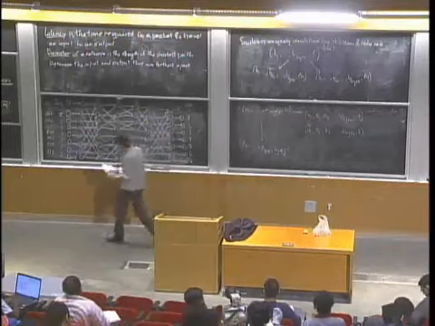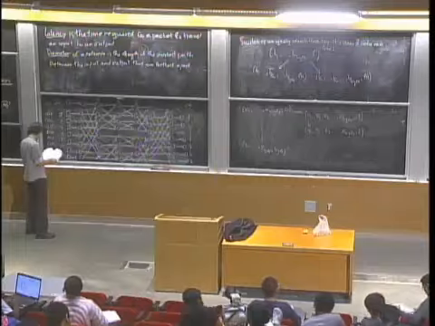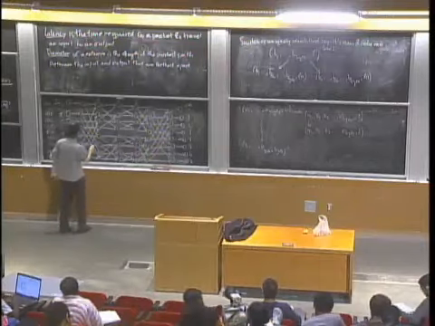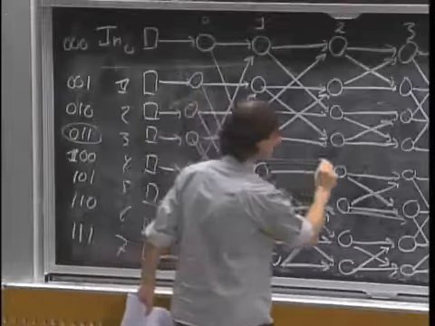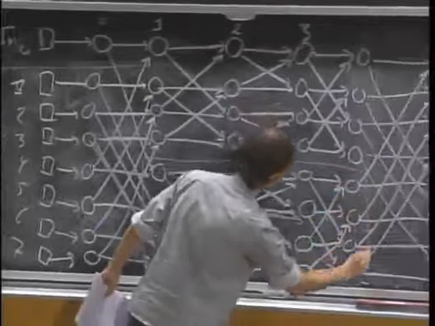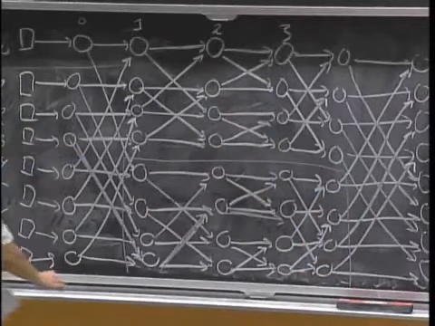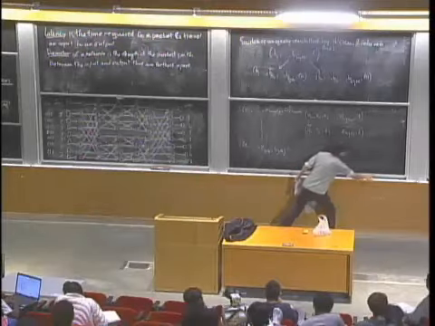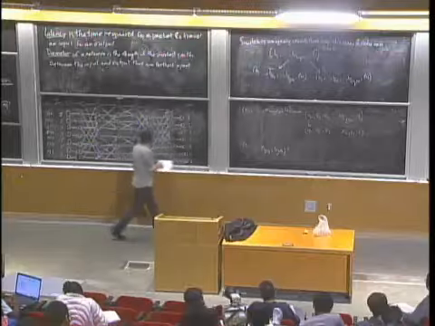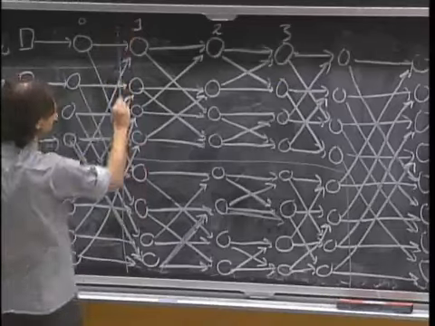Let me check how I want to do this. Right, so this particular part is again a Beneš network, and the top part in the same picture, the top subnetwork, is also a Beneš network, this part.